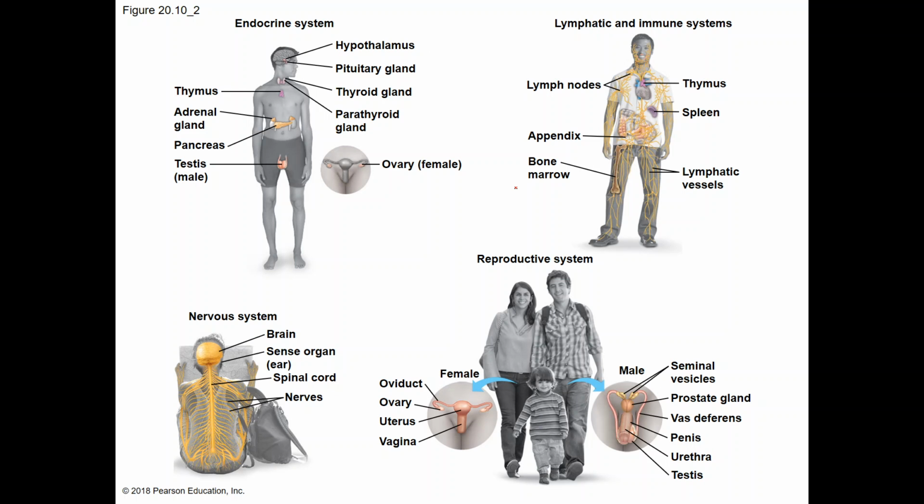We have the endocrine system, which is essentially our glandular system, the nervous system, which is our sensory processing part of our function, the lymphatic and immune systems, which fight infections, and our reproductive system is how we reproduce.